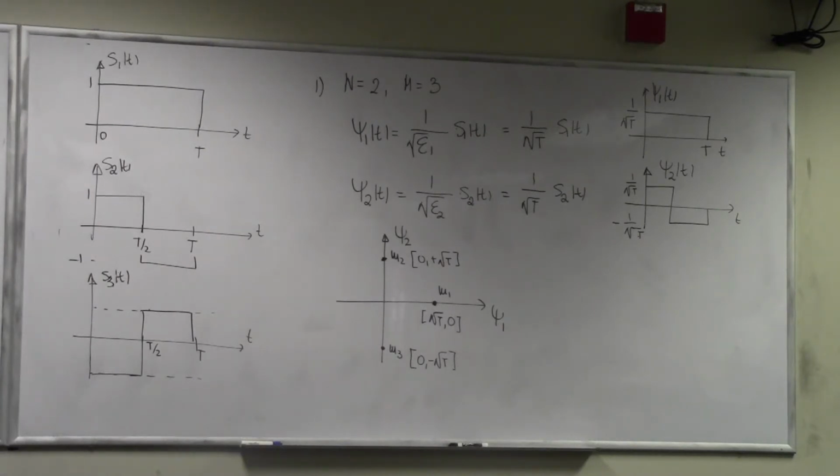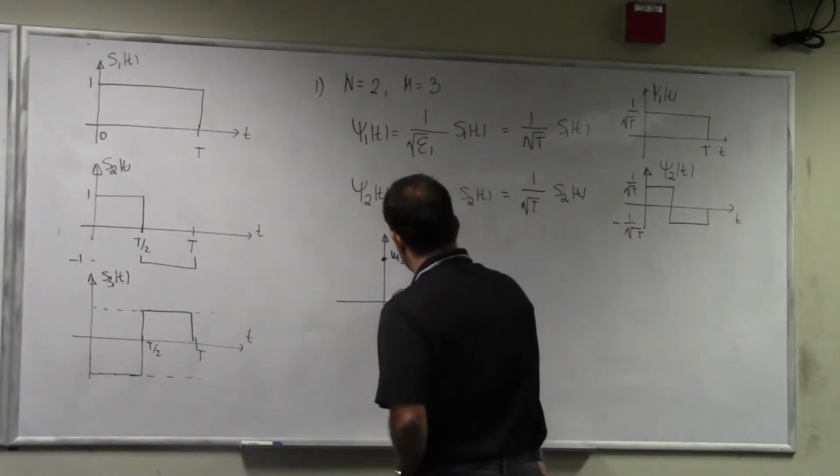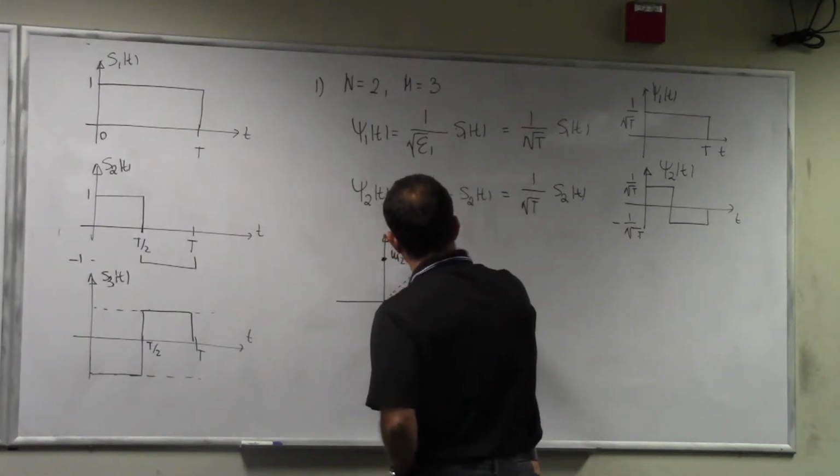The third one, sketch the optimal decision region for this one. Well, I assume that they're not saying it, but assuming that all of these are equiprobable, how would I put the decision boundary? Well, I'm going to make it like this.